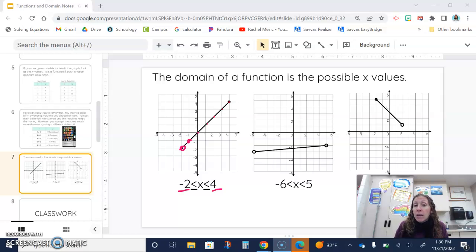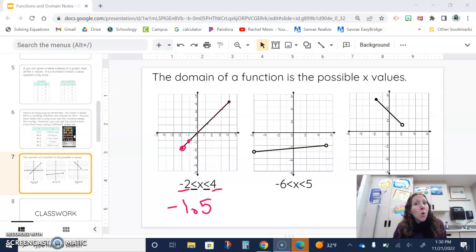It also, though, could be, let's say, maybe -1.5 could also be another value of X. It doesn't always have to be at an intersection. There's a whole bunch of points all the way along this line. All right, so for this one, our X value has to be between -6 and +5.